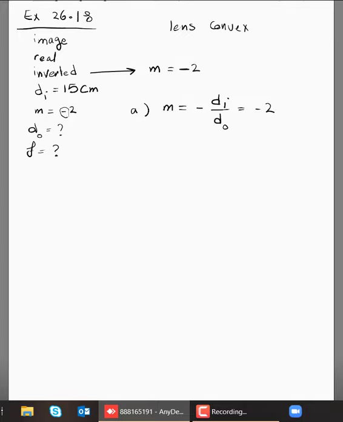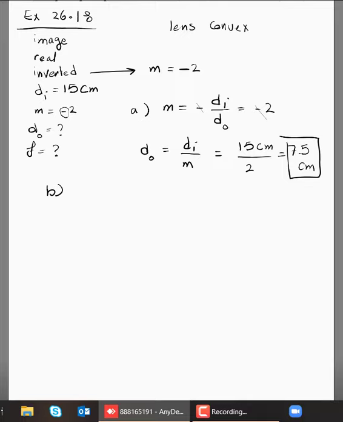So this means that DO is DI divided by M, and I just got rid of the negative signs here. If I replace for this, DI is 15 centimeters divided by 2 without the sign, because I have already counted the negative sign in the negative 2. So this is going to be 7.5 centimeters. So this is the distance between my object and the lens.